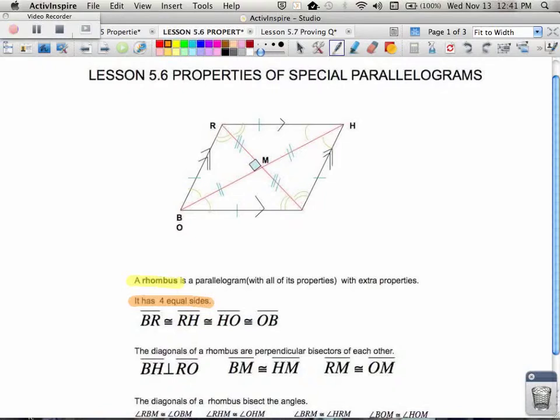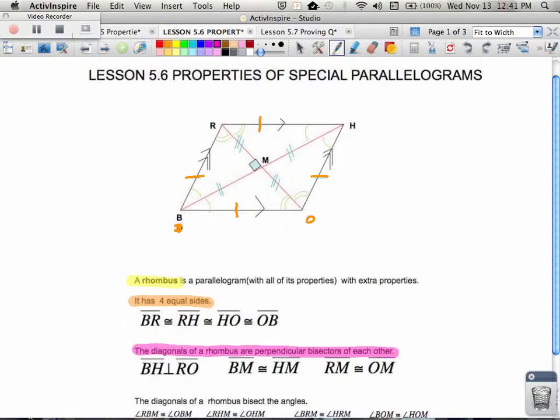That means that I know that sides BR, RH, HO, and OB are all the same length. So perhaps they're all equal to 7 as an example. In addition to this, we also know that the diagonals of each other are perpendicular bisectors.